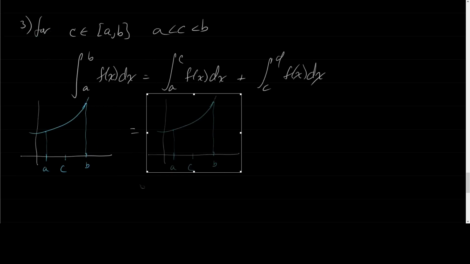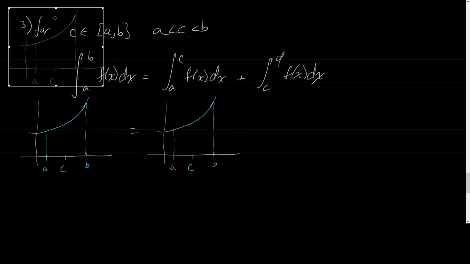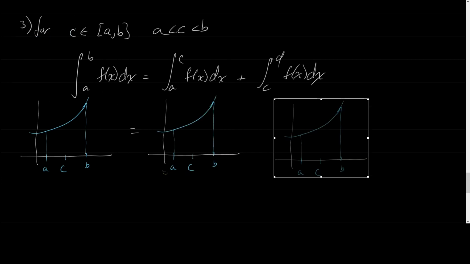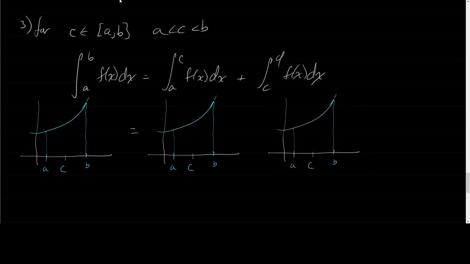Over here, we're going to look at what the integral from A to C is, and then over here from C to B. So what we're going to say here is we've got this entire region is equal to the sum of this region plus this region, right? So that should make sense as to why this would be true, right?